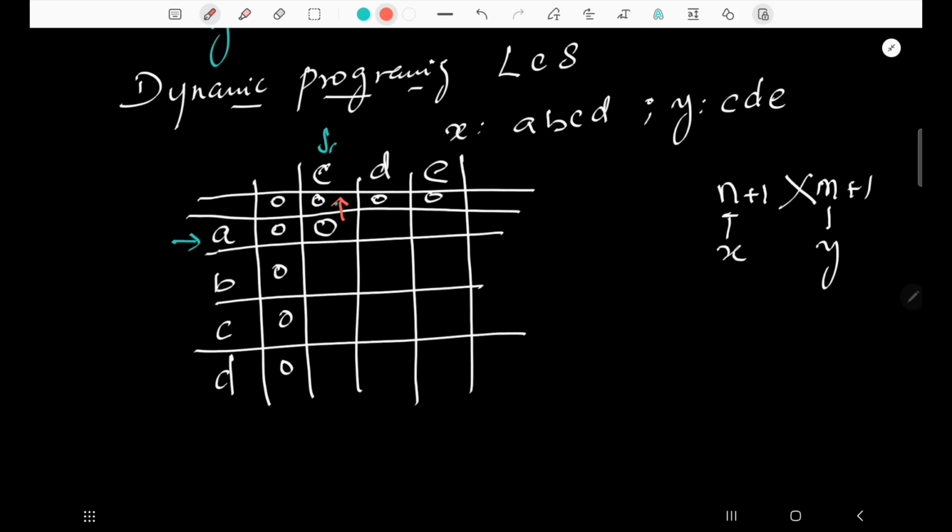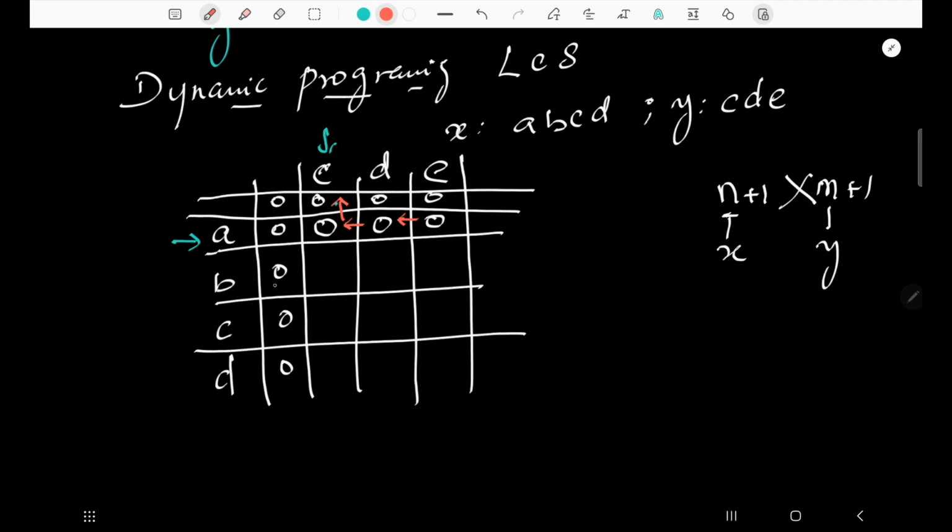Second, A and D are not the same, so take the maximum of either this or that, both are the same. This time I take the 0 from this side, so put the arrow mark this way. And A, E are not the same, so maximum of this one, so I put the arrow mark this side.